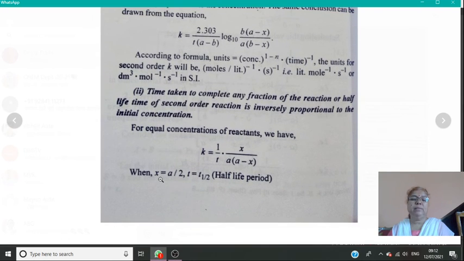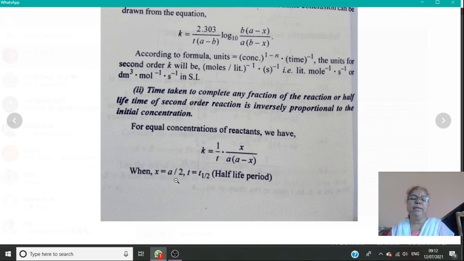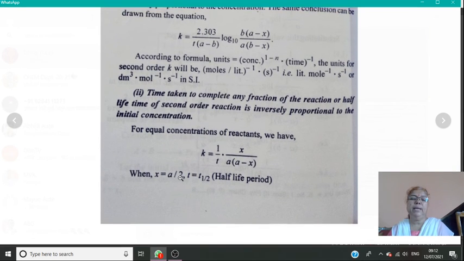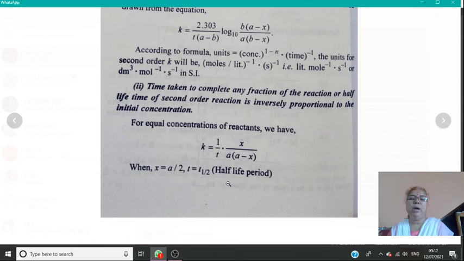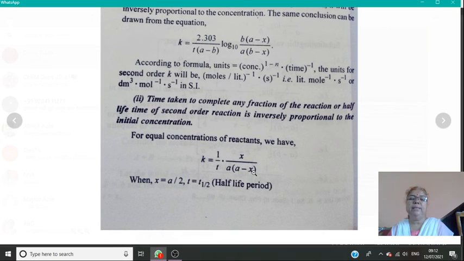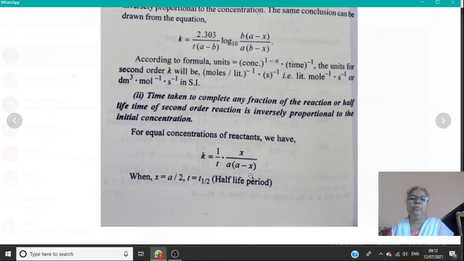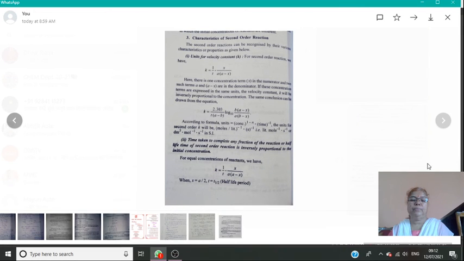When x, the decrease in concentration, is equal to half of the initial concentration, that is a by 2, and time t is equal to t 1 half, we can put these values in this equation and simplify it.